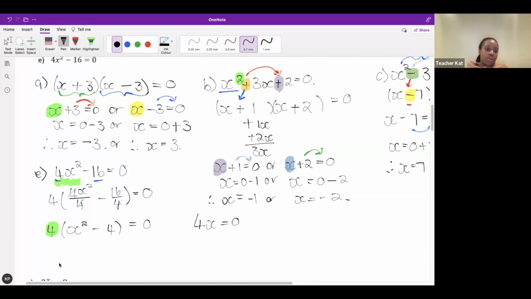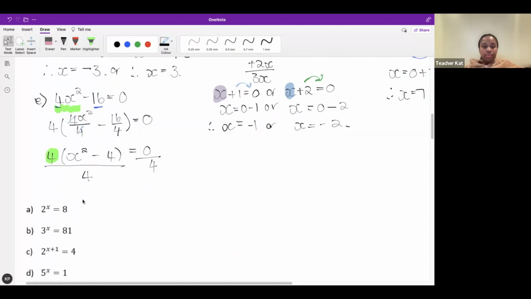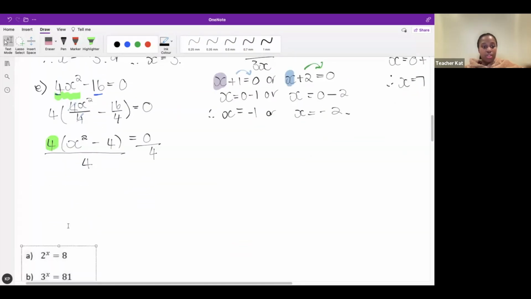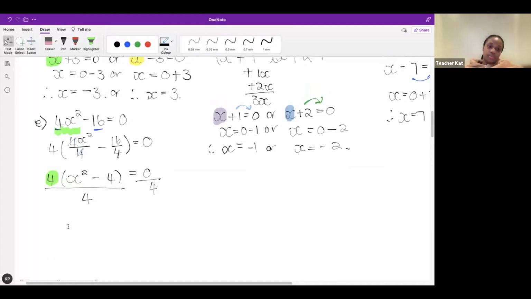So to get rid of this 4 in front of my brackets, I'm going to divide both sides by 4. What happens to these two 4s on my left-hand side? They cancel one another out.